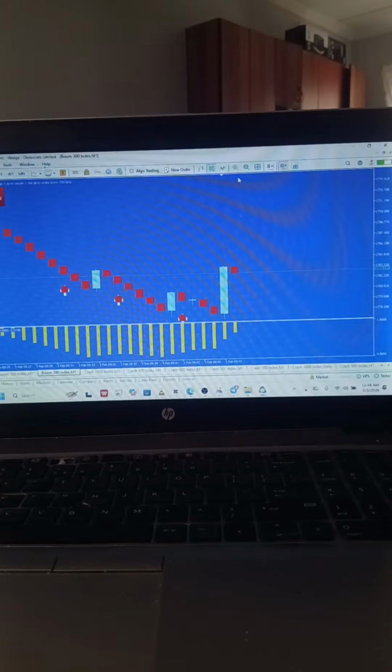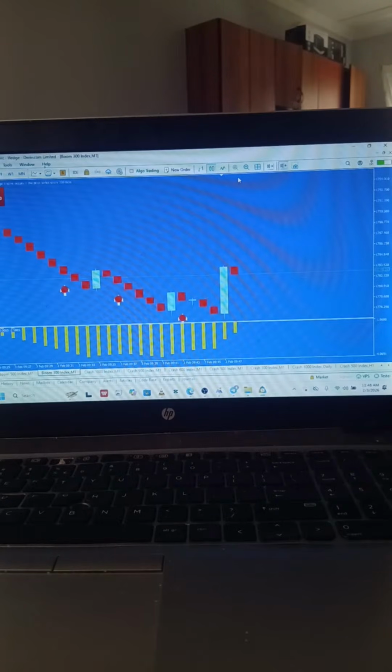Crash 600 is to spike big ones. Small spike. We need a big spike. But we're still holding the trade.